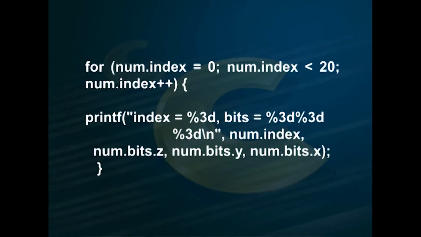for (num.index = 0; num.index < 20; num.index++) printf("index = %3d, bits = %3d, %3d, %3d\n", num.index, num.bits.z, num.bits.y, num.bits.x).